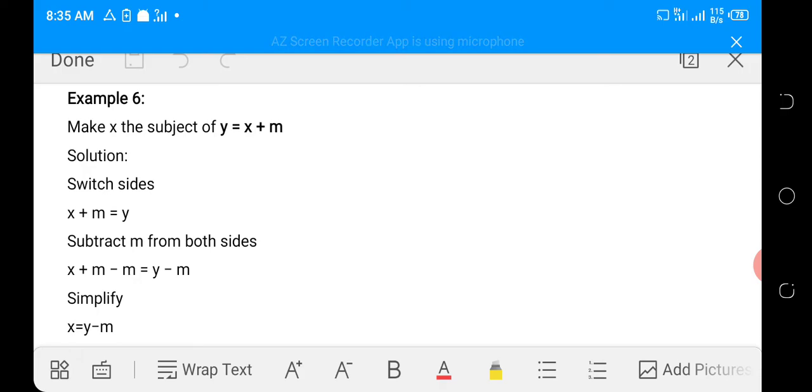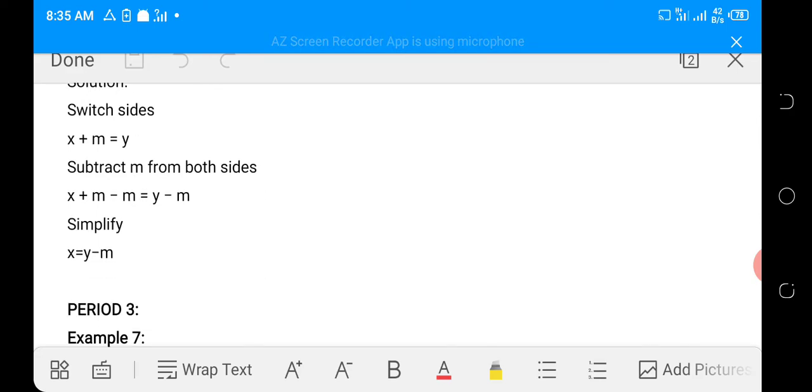Then we don't want anything to start with x, so we undo plus m by subtracting m from both sides. That will give us x plus m minus m is equal to y minus m. When this is solved, we have x is equal to y minus m, which is now the subject of the formula.